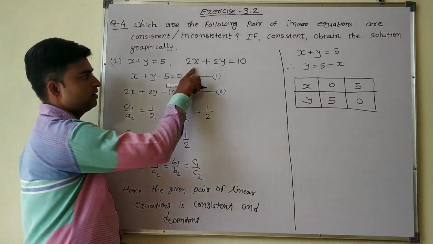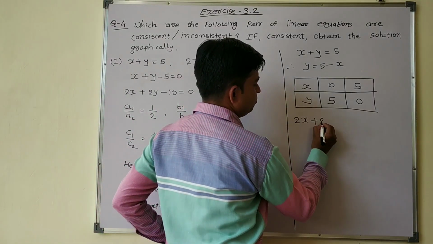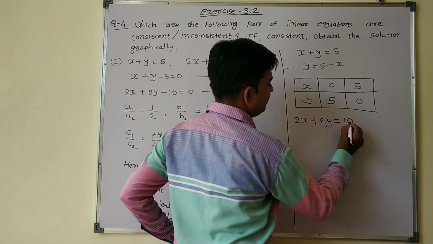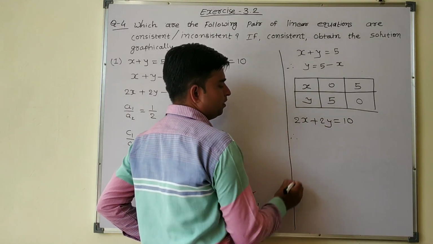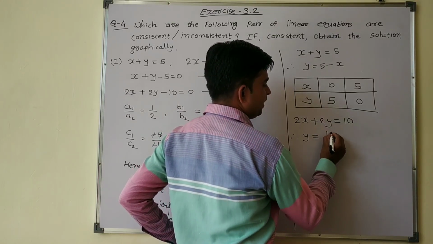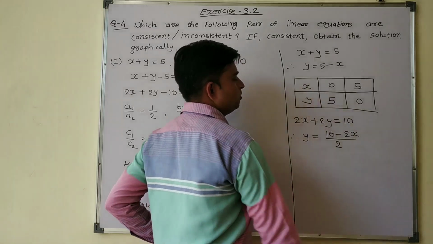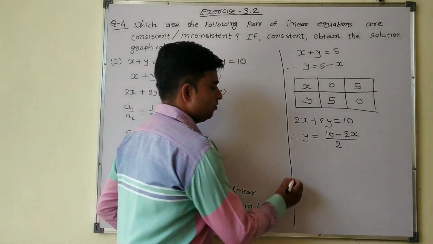Now the second equation, 2x plus 2y is equal to 10. Now convert into y form. So it becomes y is equal to 10 minus 2x upon 2. Now the solution table.